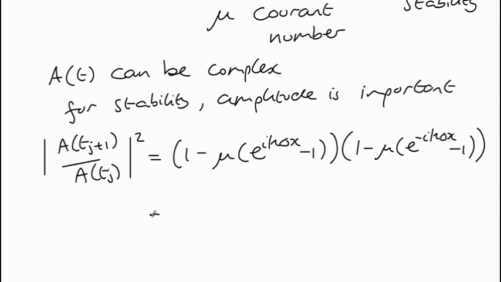Then we multiply these terms out, so we have a 1 to begin, then group together terms with a single power of mu. We get a term from here, which gives us an e to the ik delta x, and we get a term coming from here.